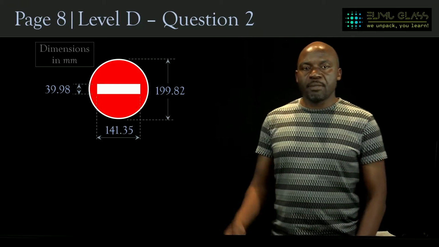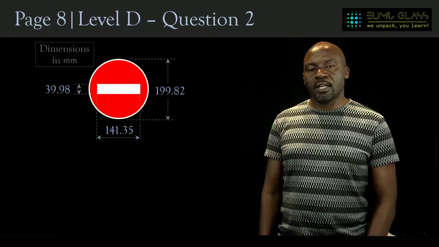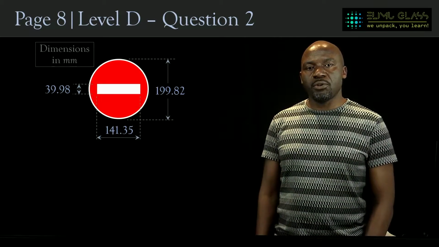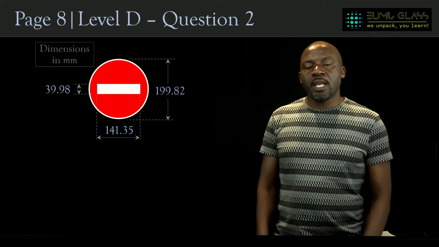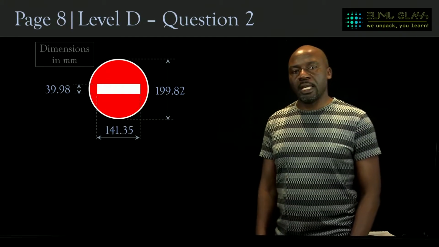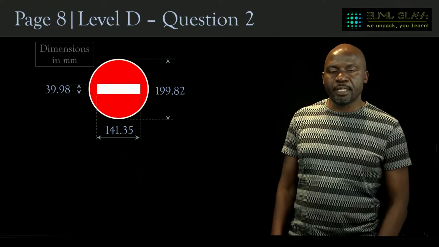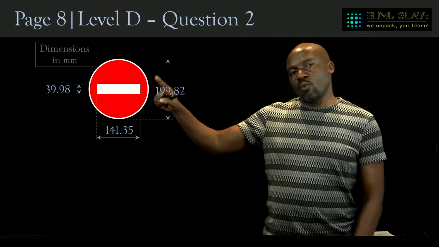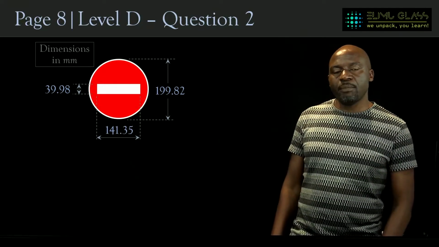We are told that the diameter of the road sign, the circular part, is 199.82 millimeters. The dimensions are in millimeters. The length of that white rectangle part is 141.35 millimeters, and the width of that rectangular part is 39.98 millimeters.